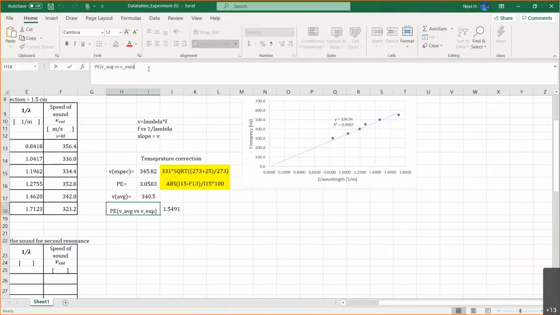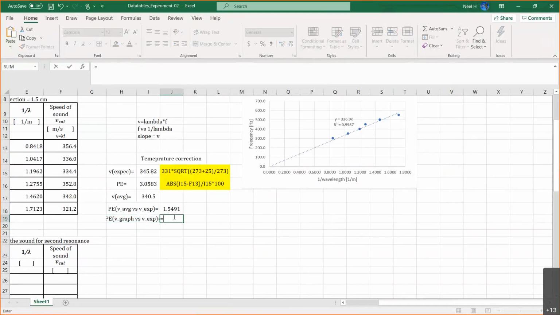And then let's do the same calculation, PE, but now V from the graph versus V expected. Let's take a look at what number we get from there. Same kind of calculation, right?